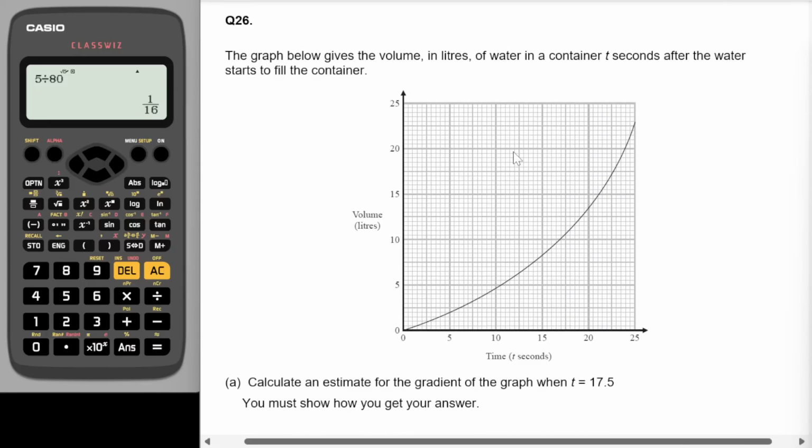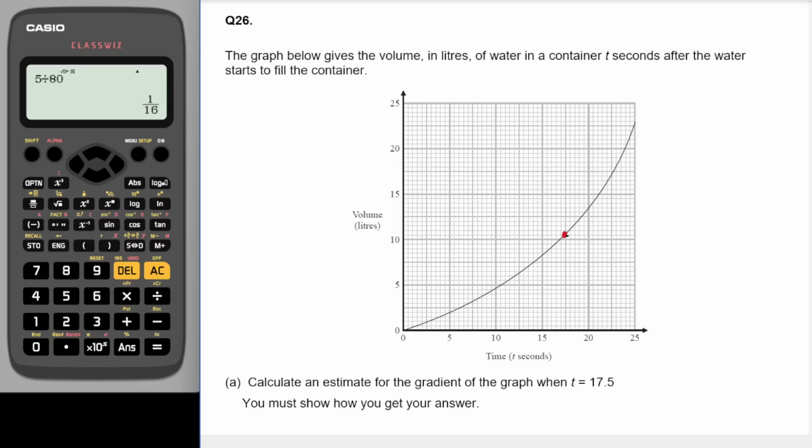And question 26, the graph below gives the volume in litres of water in a container t seconds after the water starts to fill the container. Calculate an estimate for the gradient when the time is equal to 17.5. You must show how you get your answer. So 17.5 is going to be this point here.